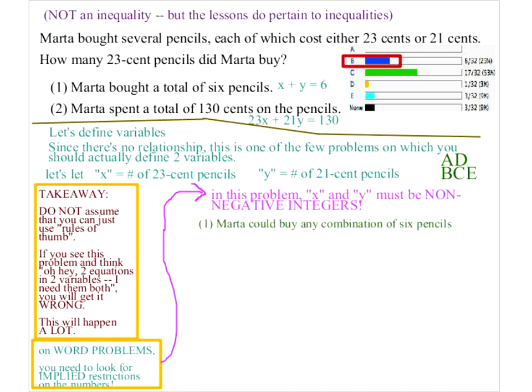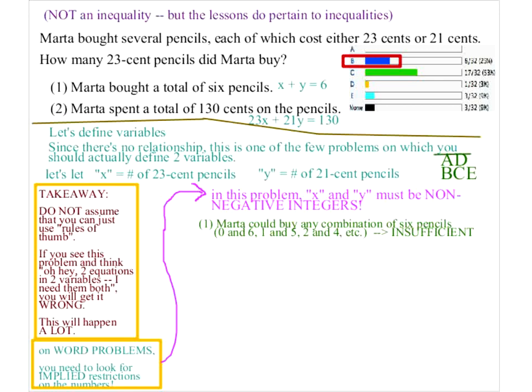She could buy 0 and 6, 1 and 5, 2 and 4, etc. So this is insufficient. So we can cross off A and D.